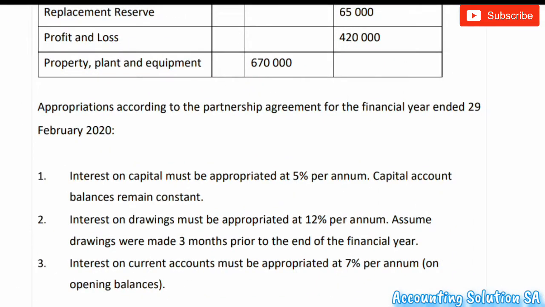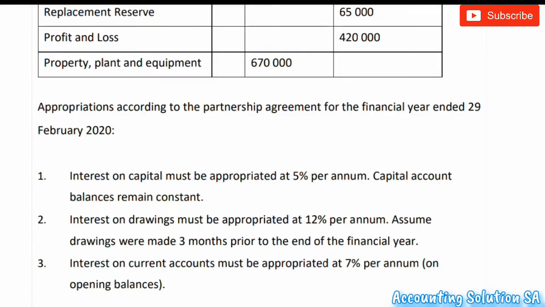Then they said the interest on drawings must be appropriately at 12% per annum. Then they said assume drawings were made 3 months prior to the end of the financial year. Okay, guys, if you find a transaction like this, you have to remember that you have to count the months. Remember, 12% is per annum.